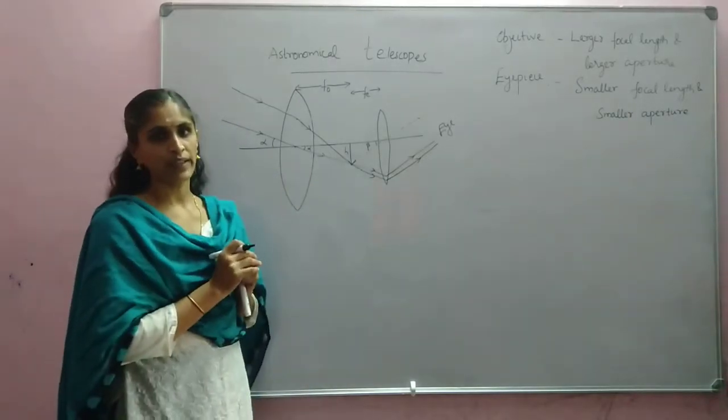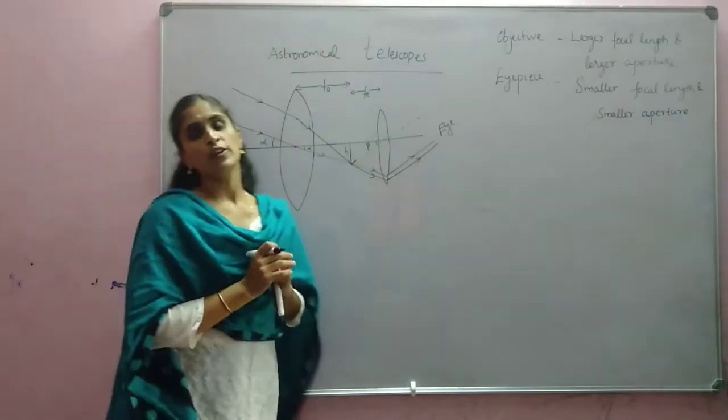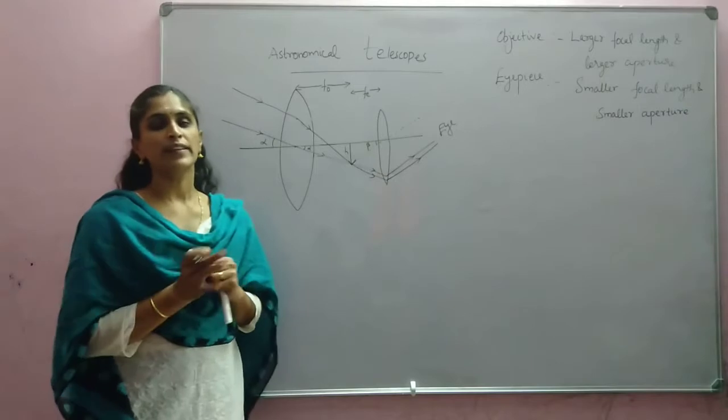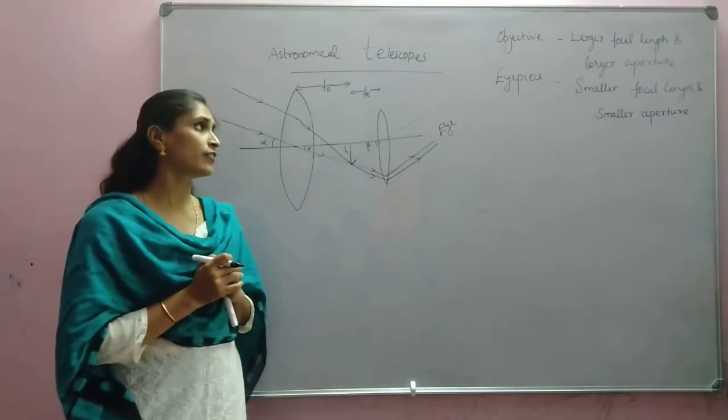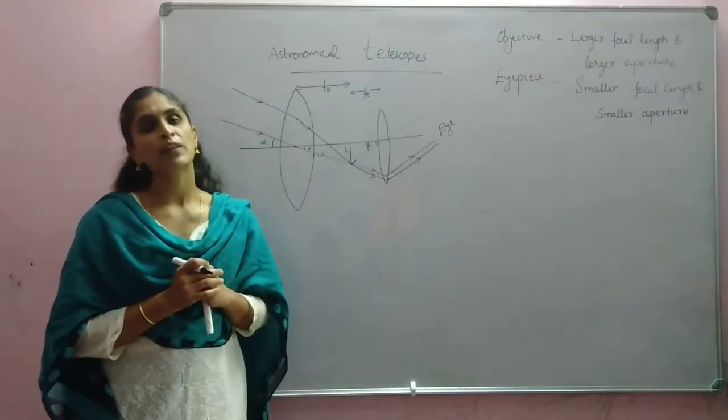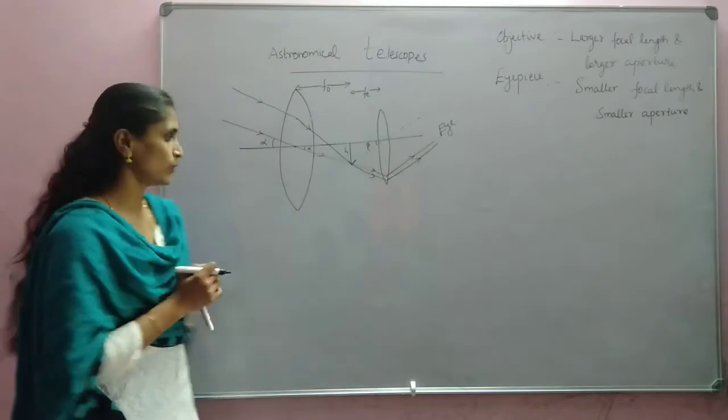Now here also two cases are there: when the final image is formed at infinity, and when the final image is at the least distance of distinct vision.